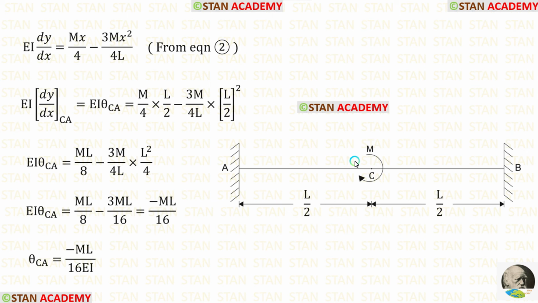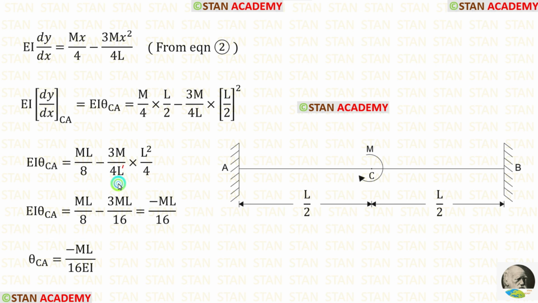Now let us find the slope in the center. For that, in the slope equation, we have to apply L upon 2 instead of x. We have made the section between the points A and C, so we have to name the slope as theta CA. L by 2 the whole square, we will get L square upon 4.